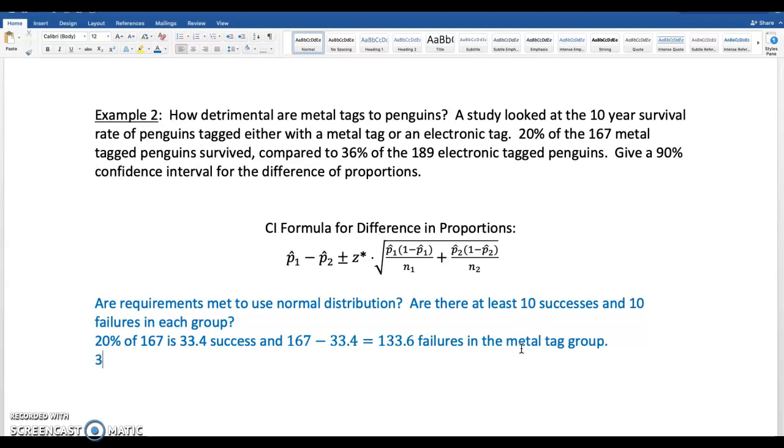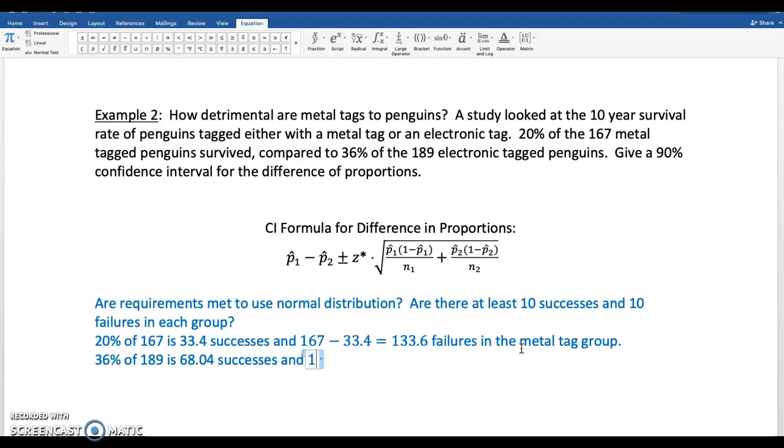And if we look at the other group, we have 36% of 189. And that is about 68.04 successes. And let's take 189 minus 68.04.